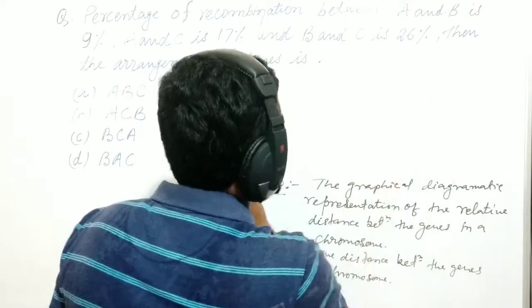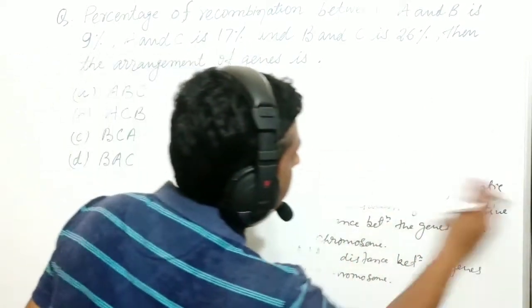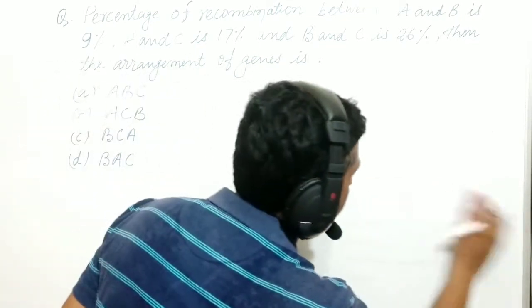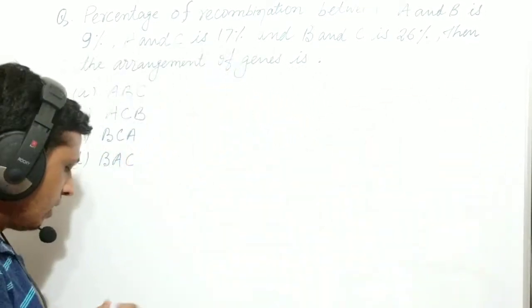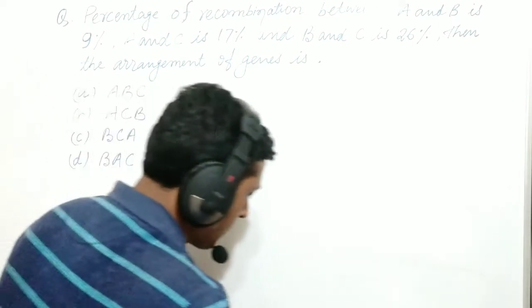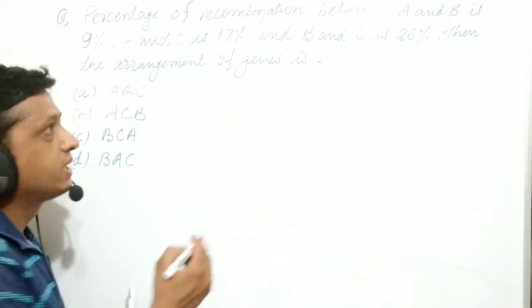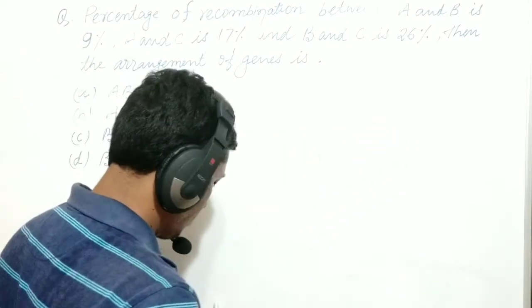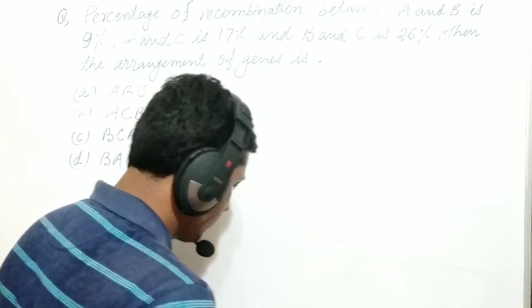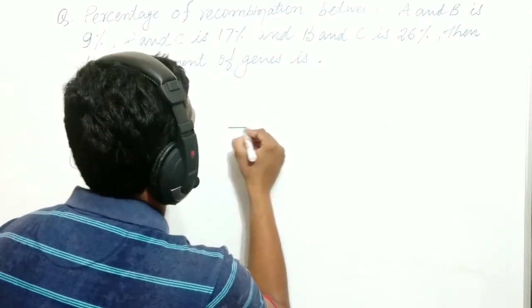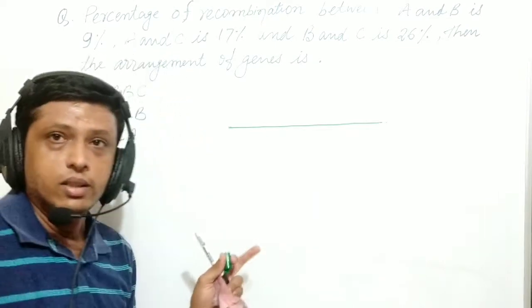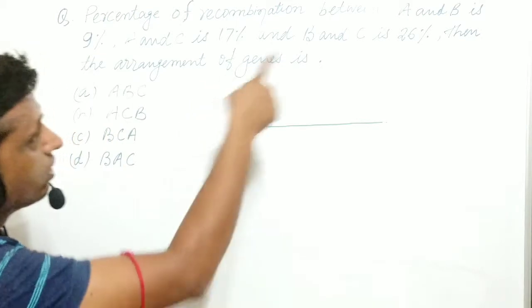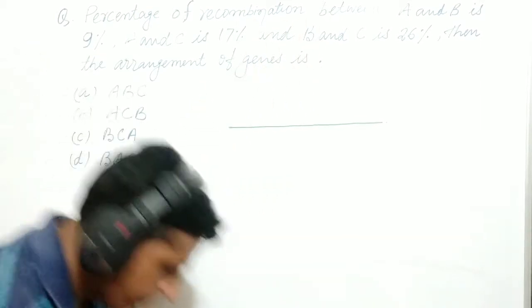Now let us solve the question. Here we know the percentage recombination between the genes, which is the relative distance between these genes. To solve this question, let us draw a line which represents the chromosome. Suppose this is the chromosome. Is it visible? Not visible. Let us use some other color. So this line represents the chromosome, and now we'll put the genes in it.